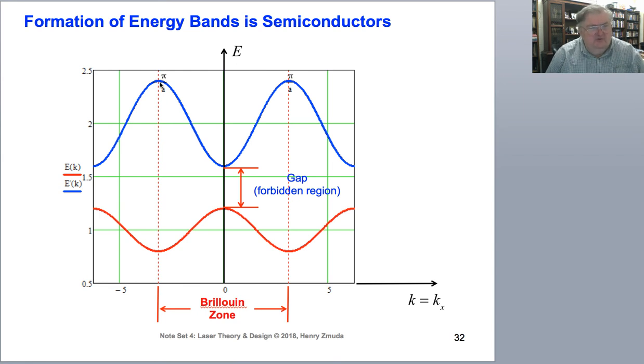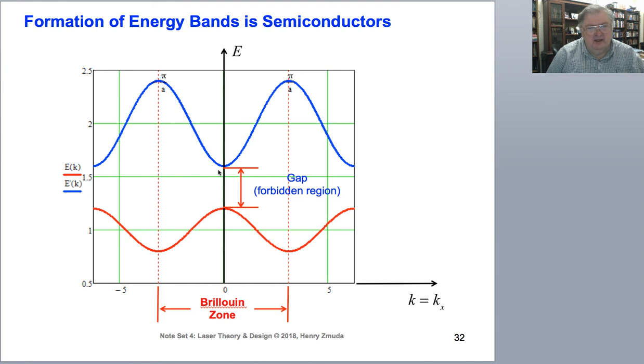But if I have one period, I have everything. And that period is given the name of a Brillouin zone. So for our one-dimensional crystal, where our lattice ran along the x direction, the band functions we saw looked like cosines, right? Well, here they are.